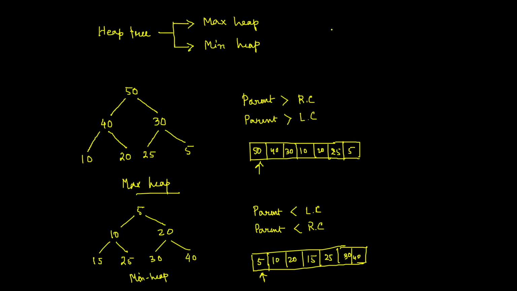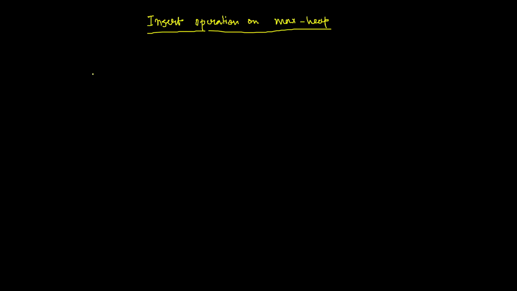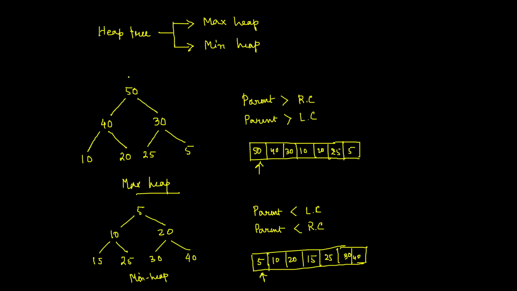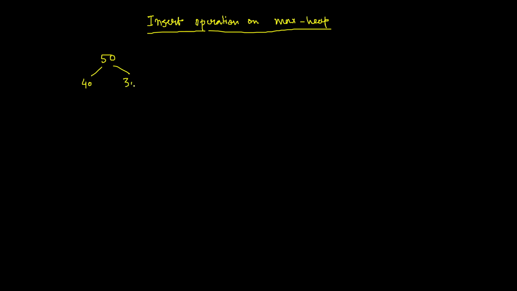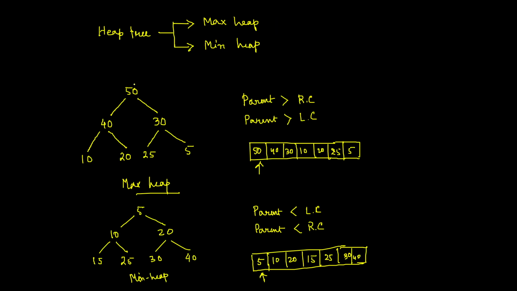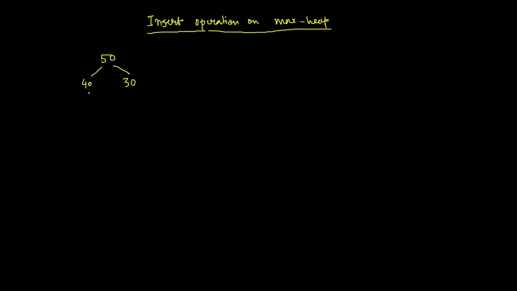So let's take similar data over here. The maxheap contains here 50, then 40, and in this side I'll have 30, and this side 10, 20, 25, and 5.